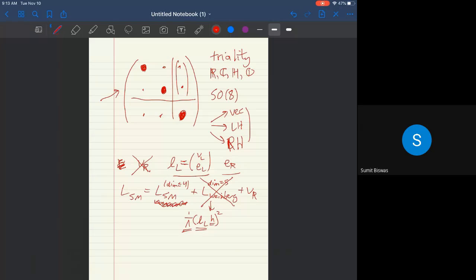Then you can write down renormalizable mass terms built from the Higgs, the right-handed neutrino and the left-handed neutrino. In that sense, neutrino masses and oscillations are evidence.